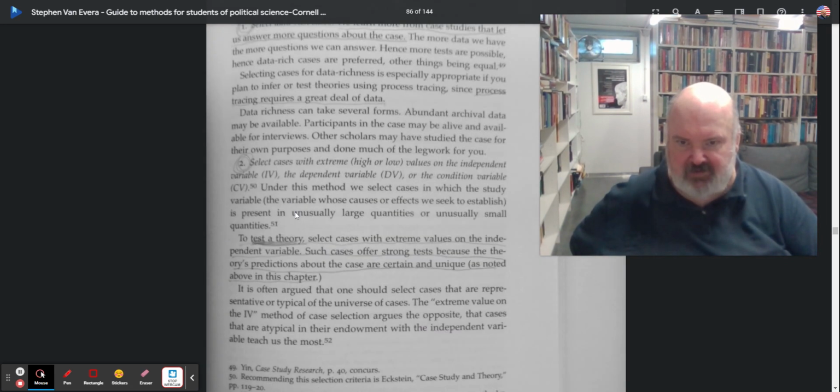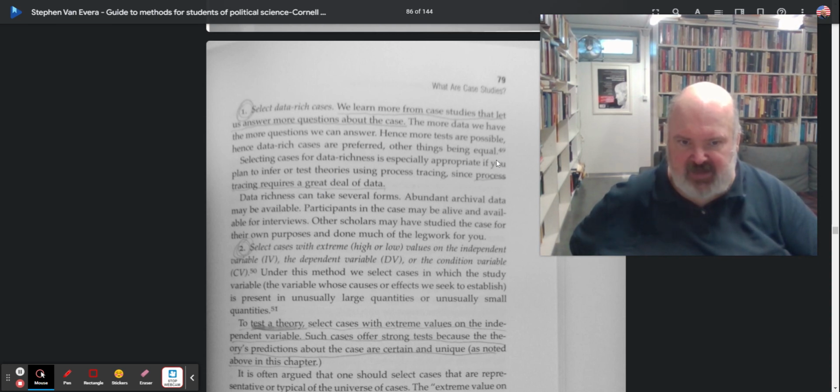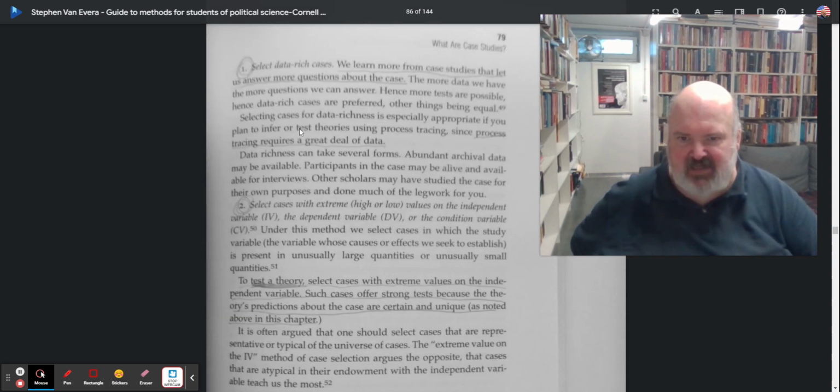Cases that are data rich are preferred to cases with less data. Selecting cases for data richness is especially appropriate if you plan to infer or test theories using process tracing, since process tracing requires a great deal of data. So, you need data-rich cases.